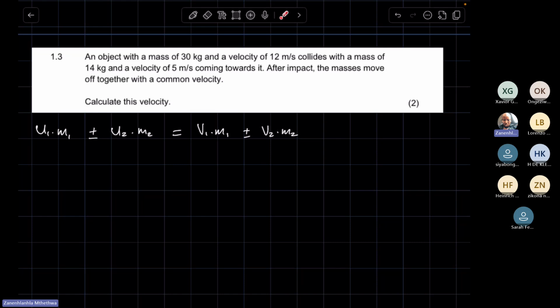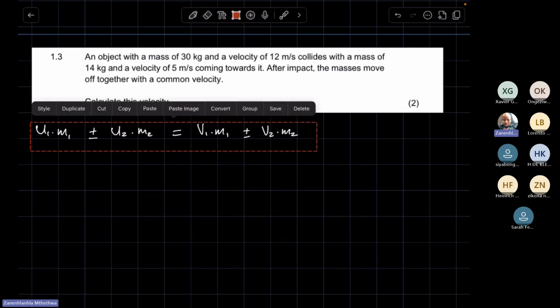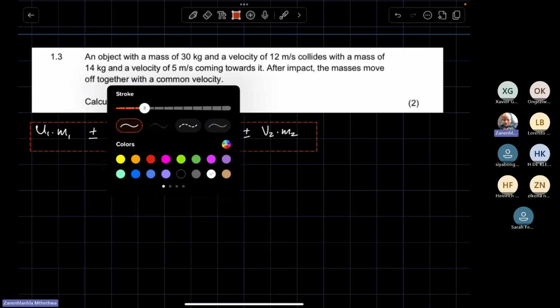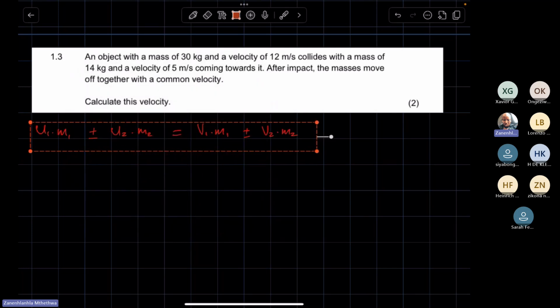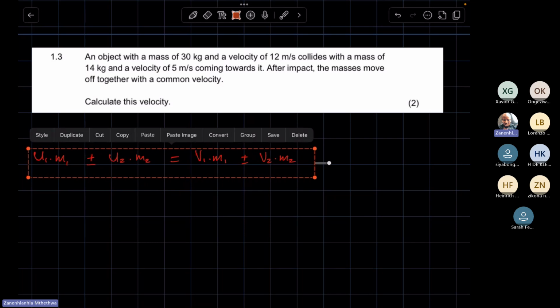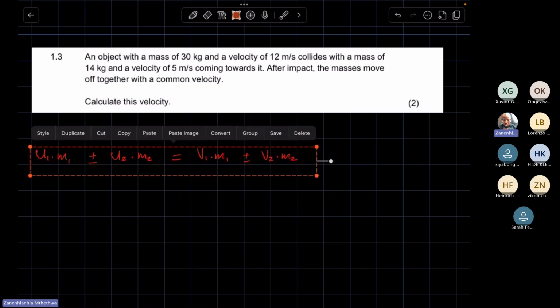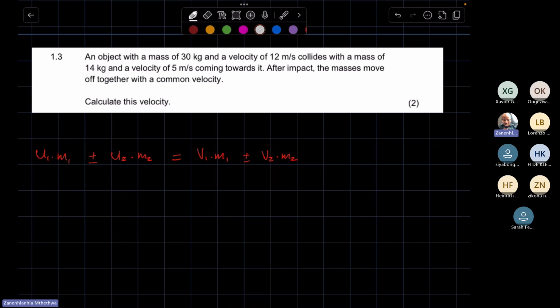Now let us look at this exercise. Right, so we're going to write down what we've been given. Conservation of momentum.